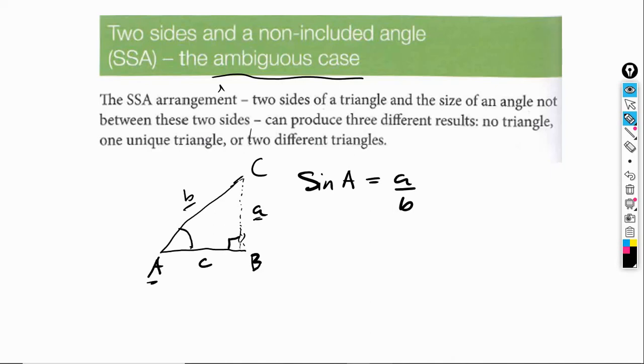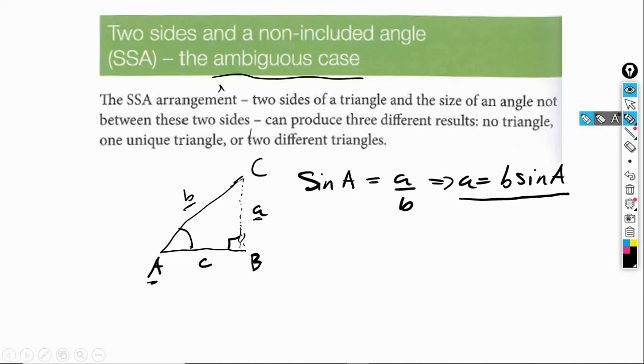So I can also express side A as being equal to B times sine of A. Okay, so what that means is that when A is equal to B times sine of A, then we have a right triangle.